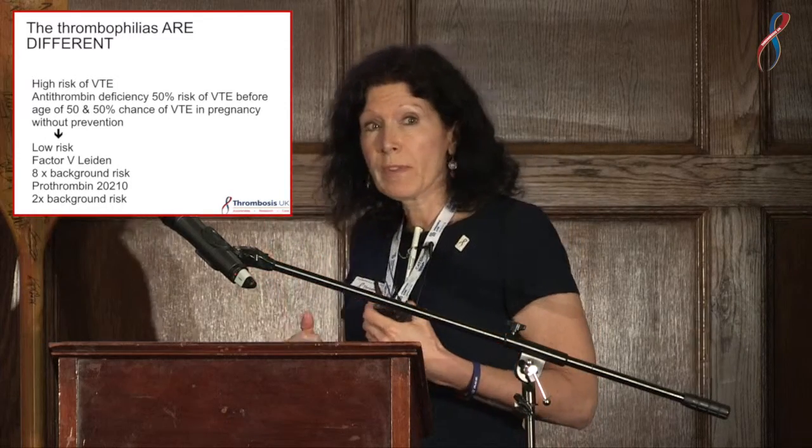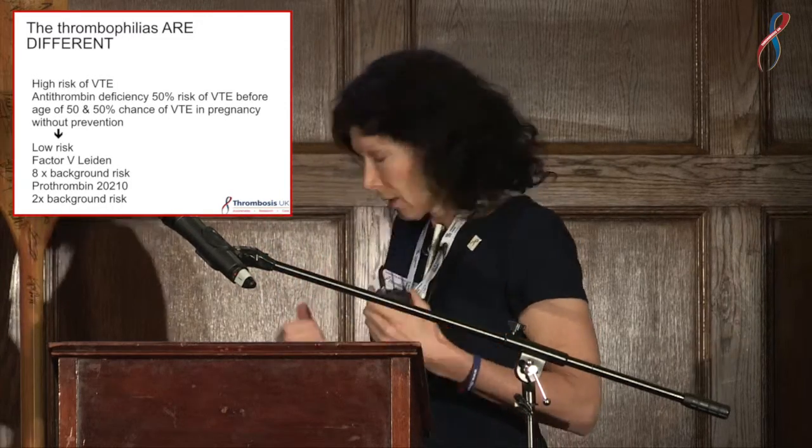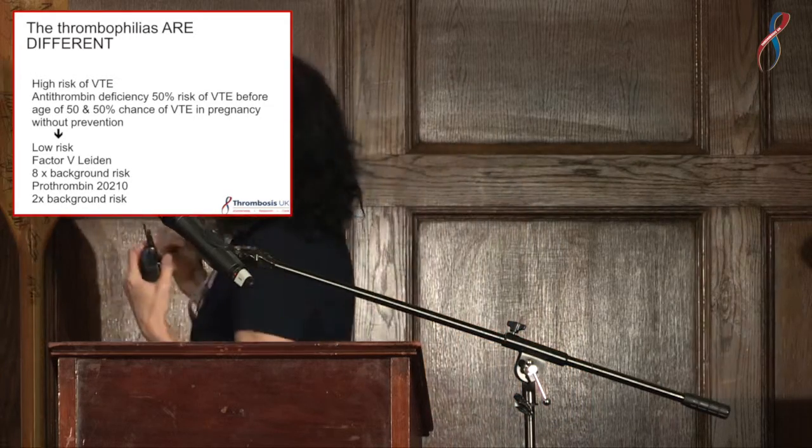And it's the rule of 50% in antithrombin deficiency. I teach the medical students, and I say you've got a 50% chance of having a deep vein thrombosis before the age of 50. And if you get pregnant, when the blood gets sticky, you have a 50% chance of a DVT in pregnancy.